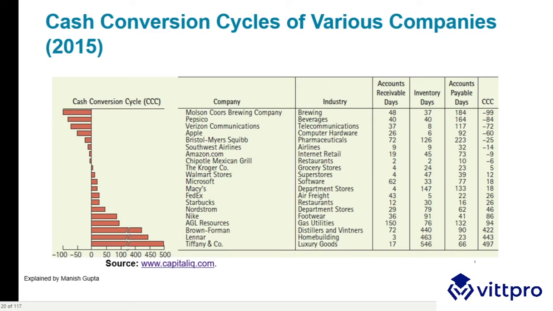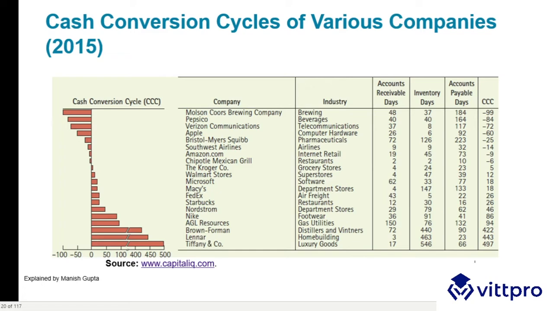One way to manage the cash conversion cycle is to pay your suppliers late, if you are in a position to do that without affecting your prices and your ability to purchase. The other factor would be to reduce the inventory days, right? You will see some of the inventory days are very, very high.